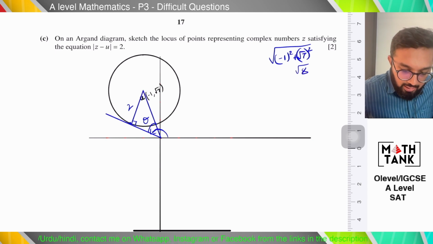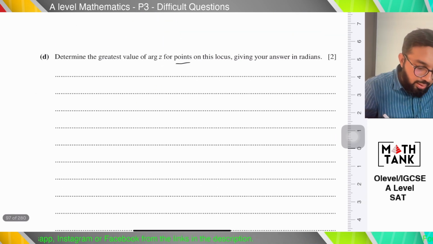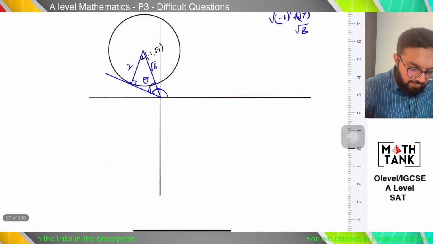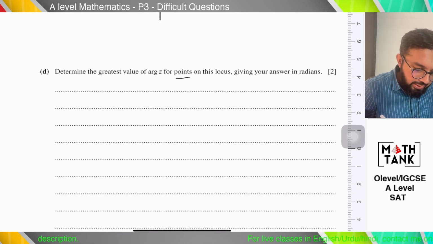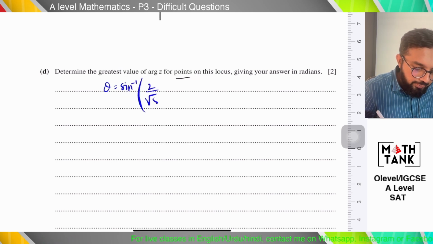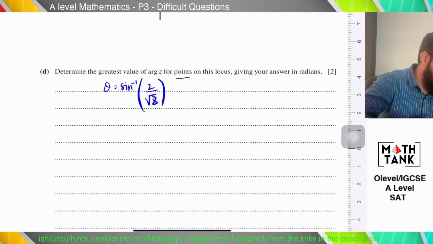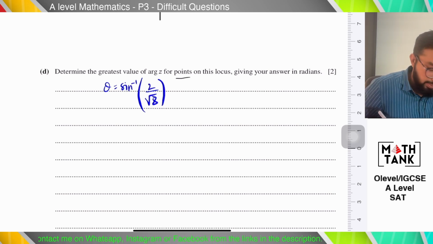So I get root of 8. So that's root of 8. I've labeled this as theta. So theta equals sine inverse of 2 over root 8. Okay, sine inverse of that gives me pi over 4.